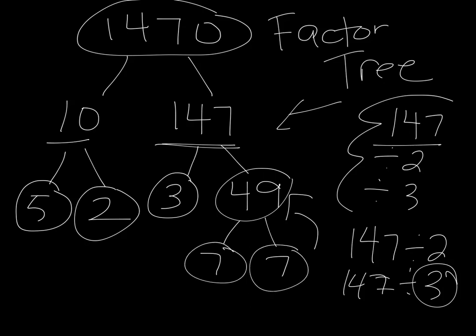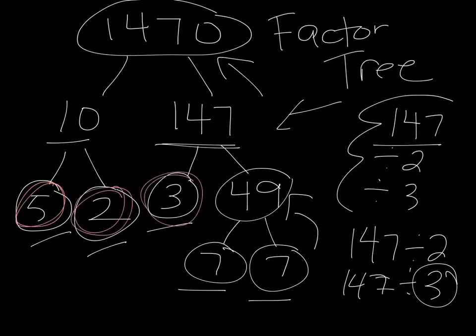So now 5 and 2 and 3 and 7 are all prime numbers, and they're all the prime factors of 1,470. So that means that if you were to multiply 5 times 2 times 3 times 7 times 7, it's going to give you 1,470. And that's how you do prime factorization.